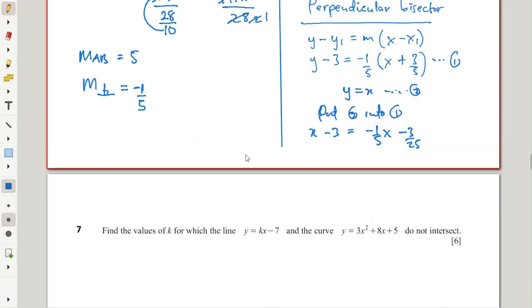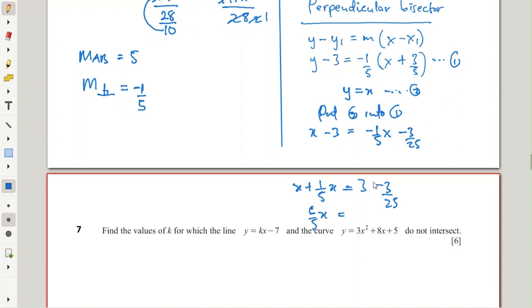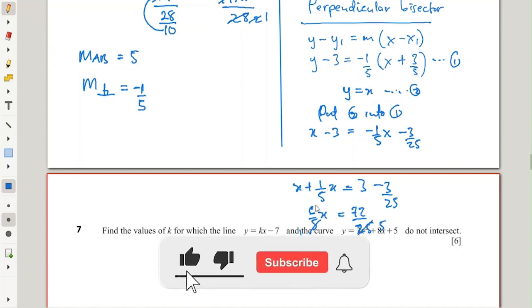So let's solve this one some way and bring it back. So when this one comes, it's x plus 1 over this. Then this is 3 minus this. So this should give us 6 on 5x. This is 75 minus 3, 72 over 25. 5 can go here 1. 5 can go here 5. 6 can go here 1. 6 can go here 12.